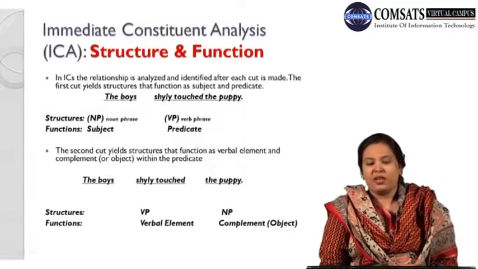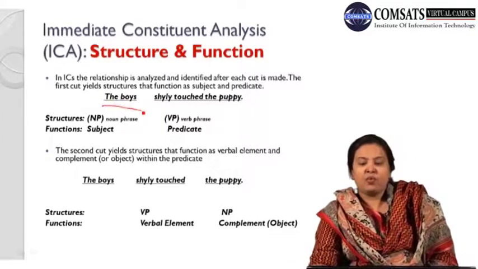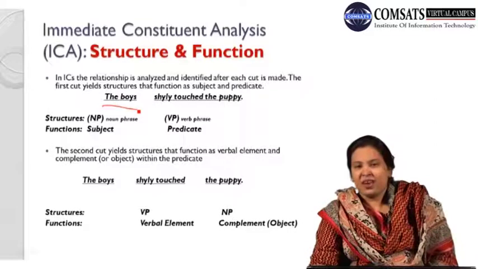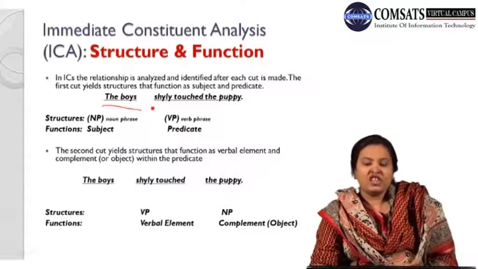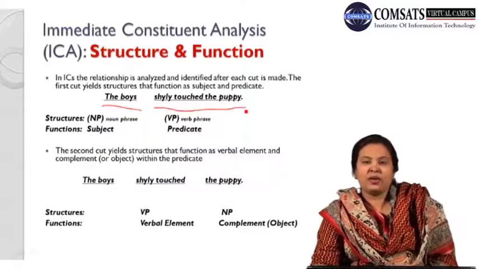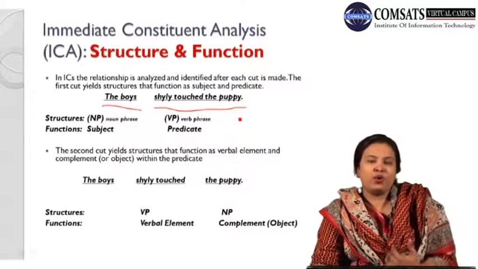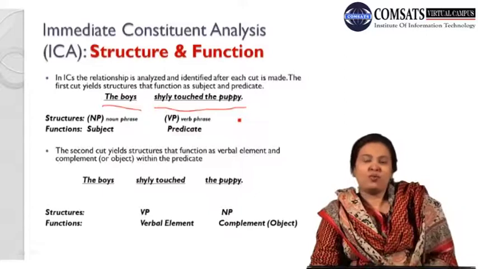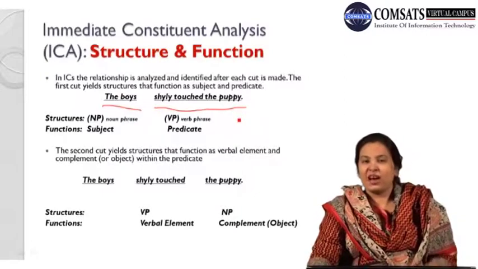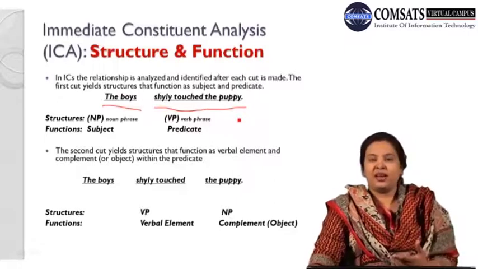Now look at the example. The boys shyly touched the puppy. The boys is the subject, because it is comprised of a noun phrase. Shyly touched the puppy is all the information that you can put into a predicate. So on the basis of this division, at the very first cut, we divide a sentence into subject and predicate.